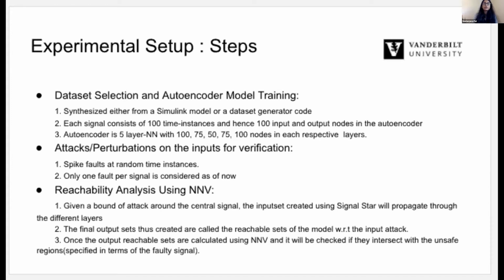The final output thus creates the reachable sets of the model with respect to the input attack. Once that is done, we compare the unsafe region with the output of the model. Here the unsafe regions were specified in terms of the false signals or the spikes.